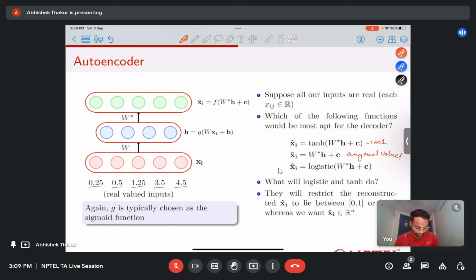And logistic also produces only from 0 to 1. So which function is the most appropriate? The linear function. Okay, understood? So here our decoder will have the linear function.